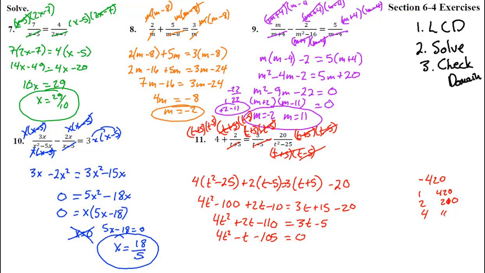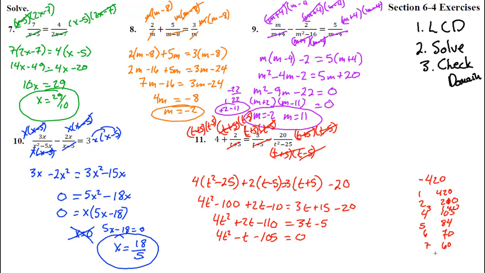Yeah, 4 and 105. Oh, we just did that one. 5 and 84. 6. We forgot 3. 3 will go into there 140 times. 6 goes into there 70 times. 7 will go into there 60 times.